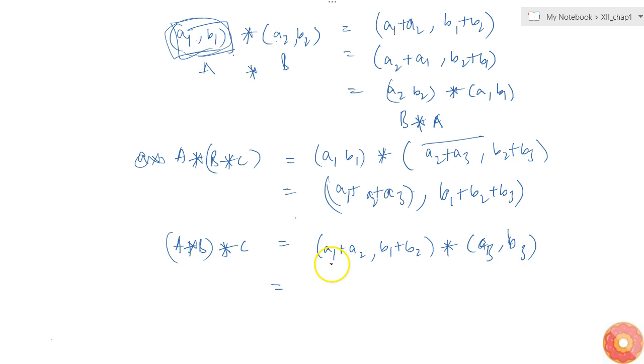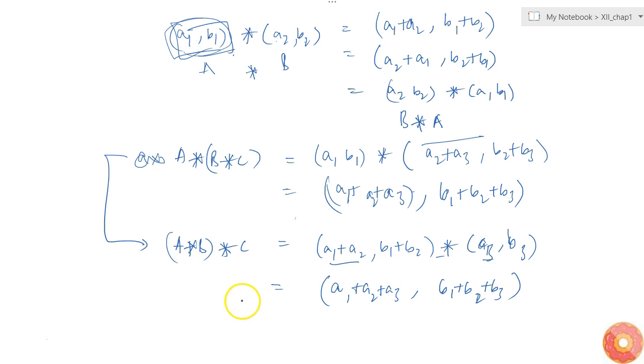Now this will become first term plus first term, second term plus second term. So that is (a1 plus a2 plus a3, b1 plus b2 plus b3). So clearly this is equal to this. That means the given binary operation is associative in the domain N cross N.